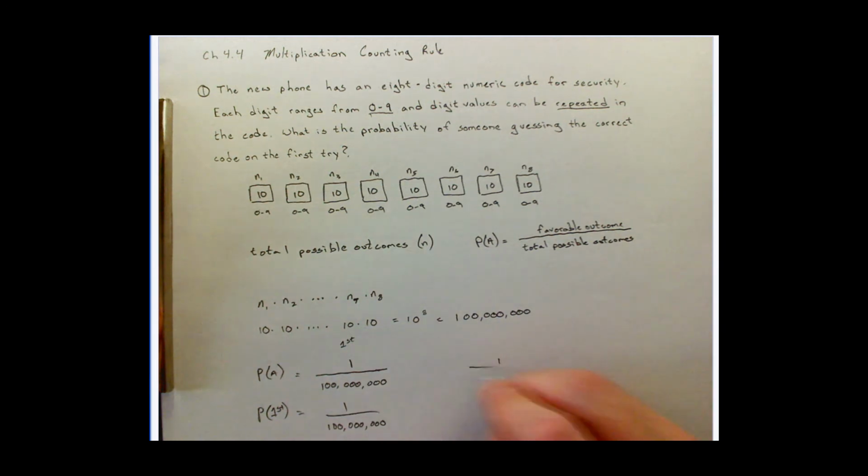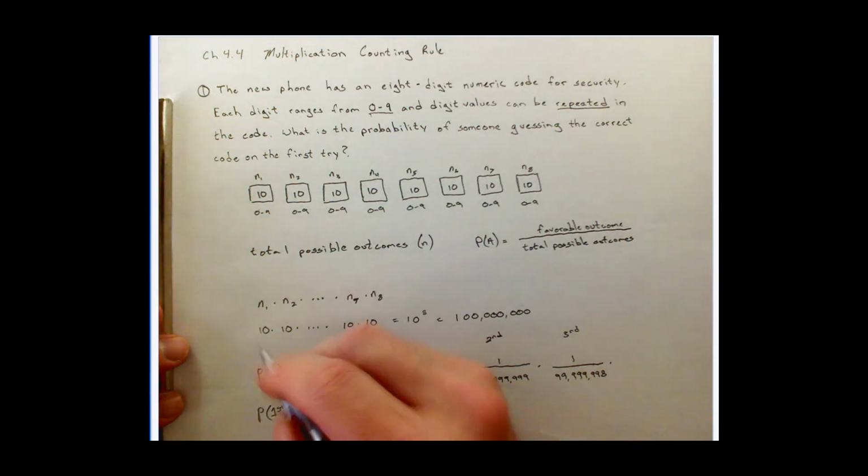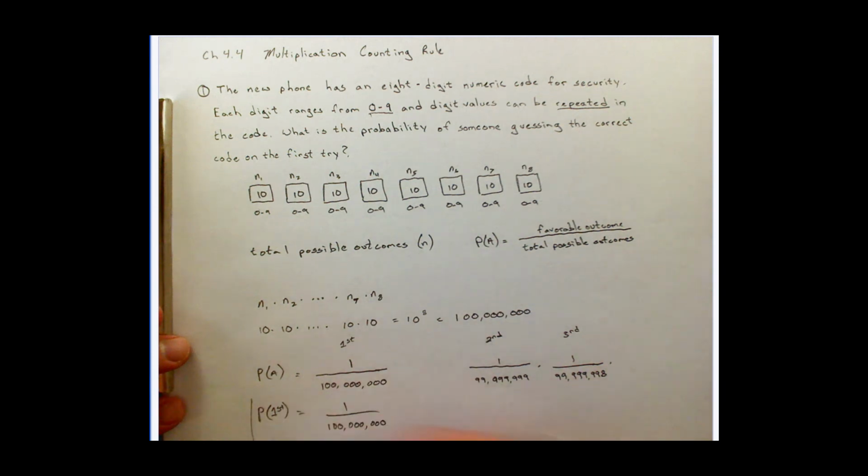My next one would just be one less in that denominator because I have already used a try. That would be my second try. And in my third try, there would be one less again, and it would slowly go down. And I would end up multiplying those together to find out the probability for 3 tries. But this will be your basic question that you're asked.